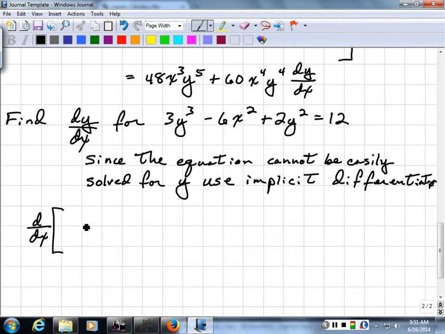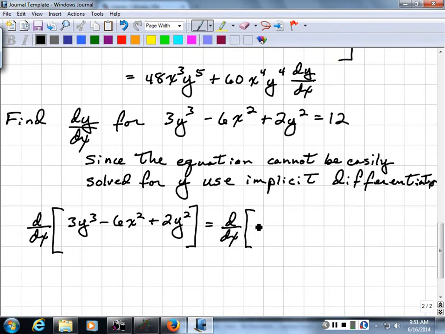So I'm looking at d over dx of 3y cubed minus 6x squared plus 2y squared is equal to d over dx of 12. Now, it doesn't matter. I can put this all together, just 1 d over dx and put parentheses around the whole thing. I don't necessarily have to break it up like this.